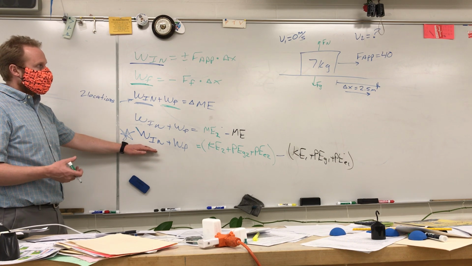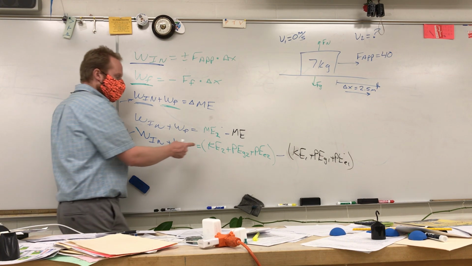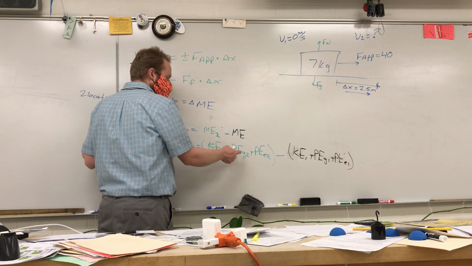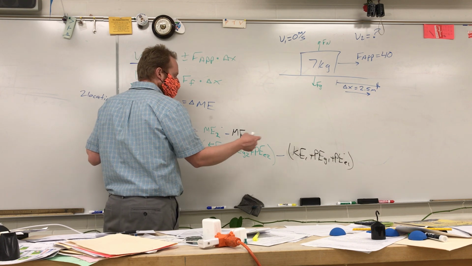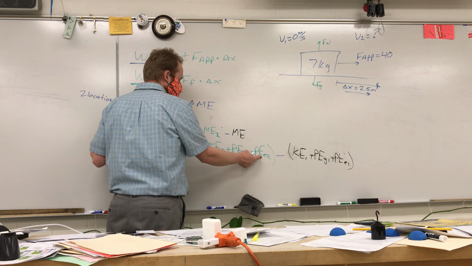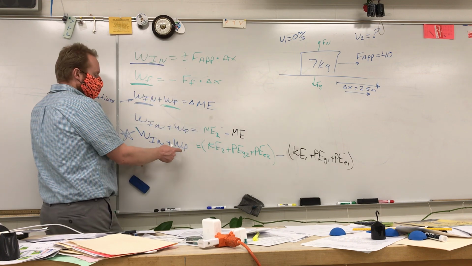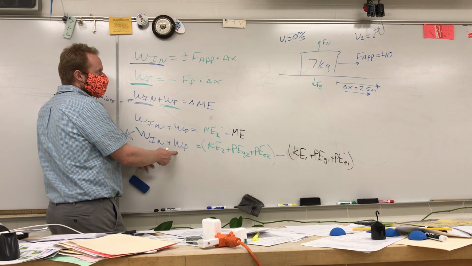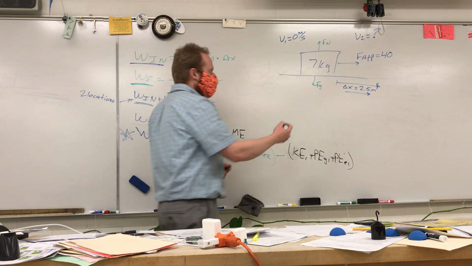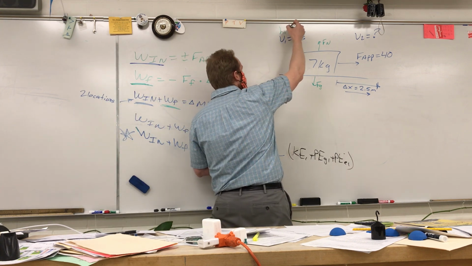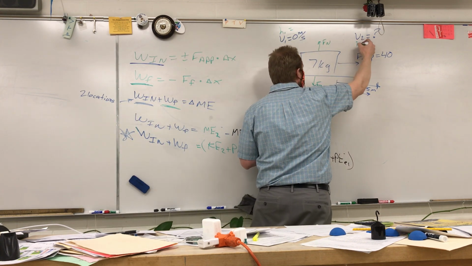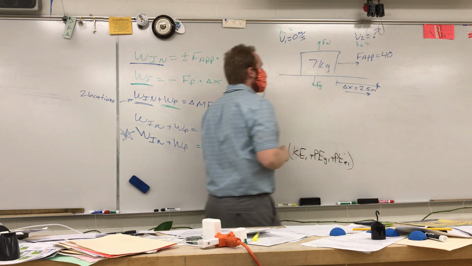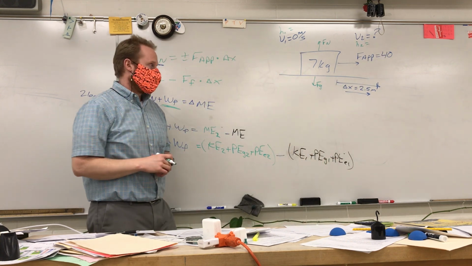So things we're going to want to know: V1s, V2s, H1s, H2s, spring stuff at locations 1 and 2, and these 2 works. So let's take care of the H's right off the bat. What's H1? And what's H2?